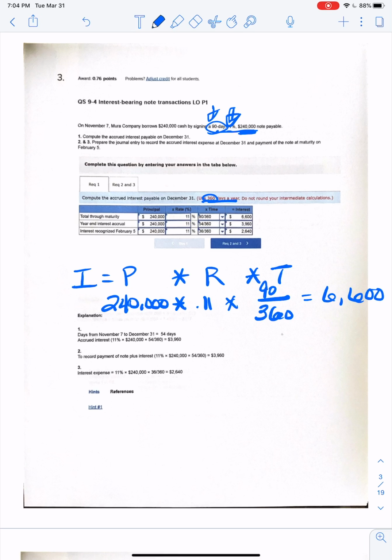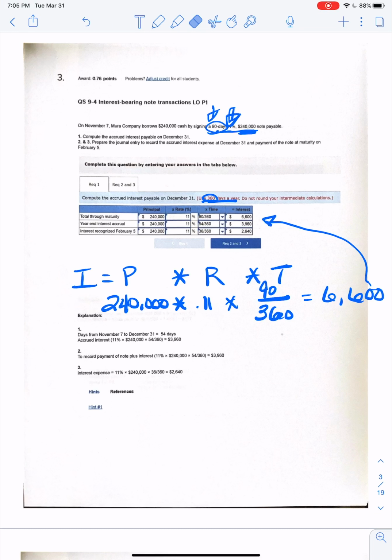Now, to move into this next section of the question, I'm going to look at how this interest needs to actually be divided amongst the periods of time. Instead of just saying that there is a total of $6,600 in interest, now we need to look at how that actually gets split amongst the different time periods. This will handle this top row in this table.